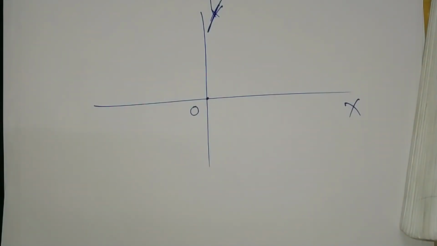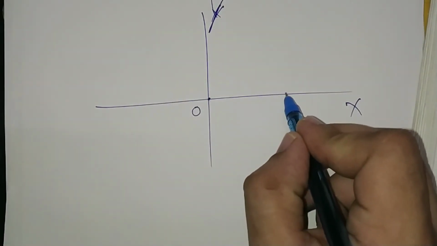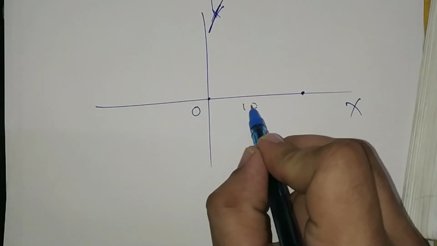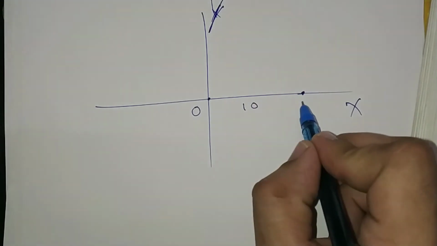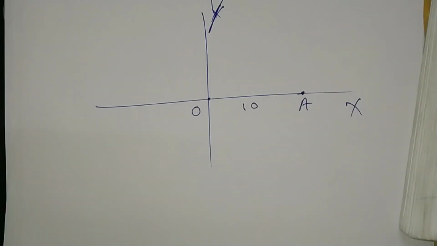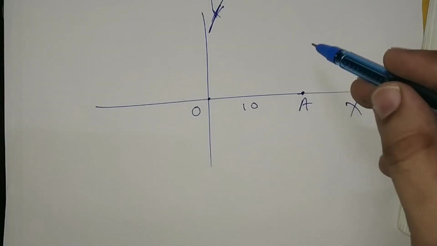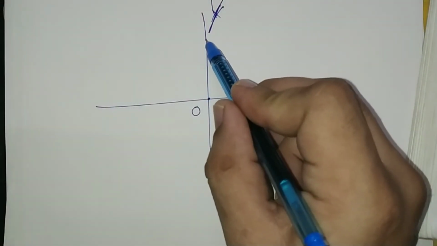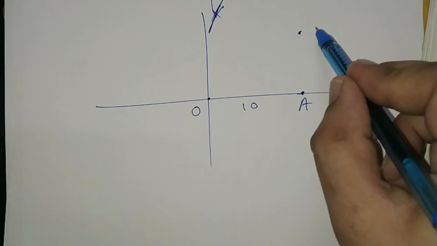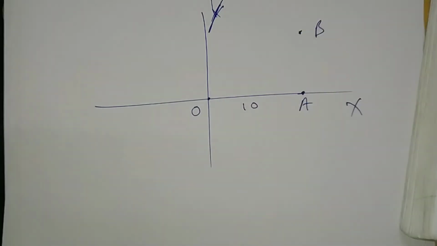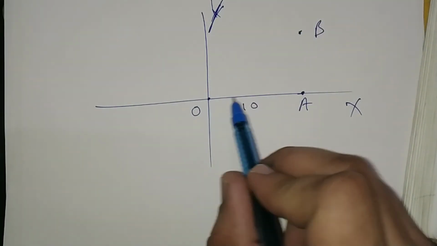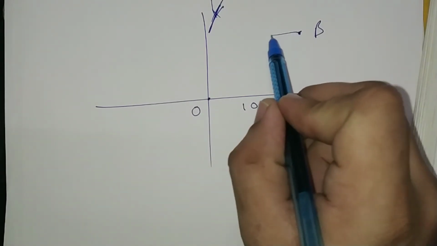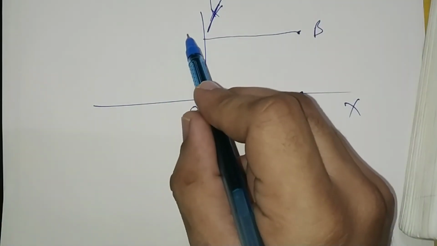OA is 10 along the x-axis, so counting 1 2 3 4 up to 10, this is 10, this is OA. Then AB is 8 units, so counting 1 2 3 4 5 6 7, suppose here is 8, this will be point B, because your rectangle is OABC. Now just draw a perpendicular here, so this will be point C.